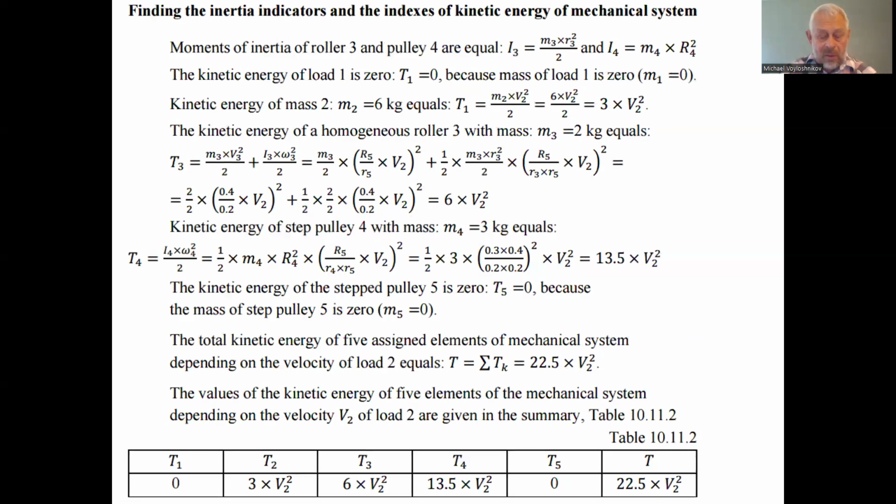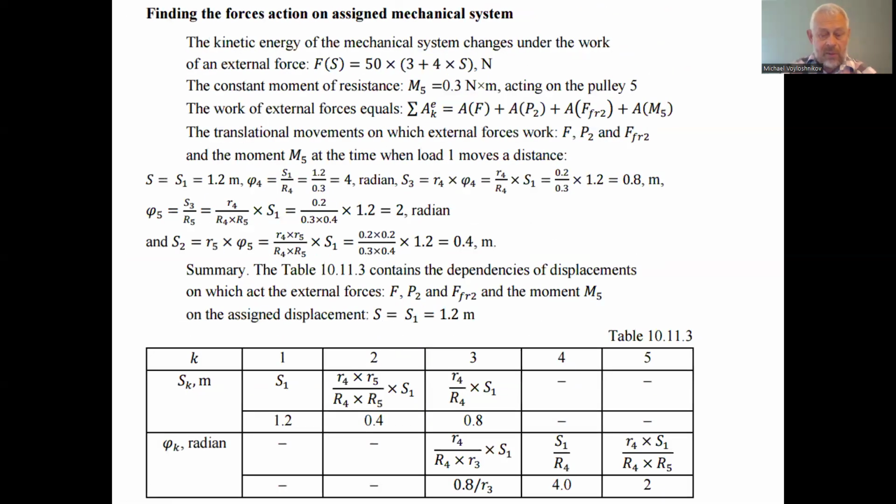So we just need to find the angle of rotation when load number 1 moves for 1.2 meters.